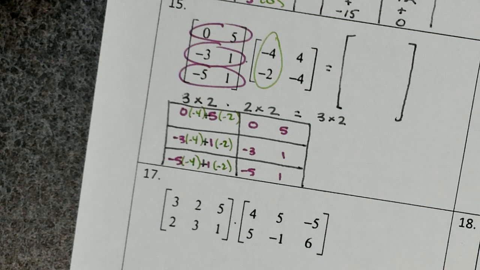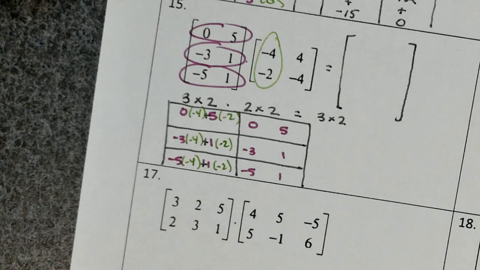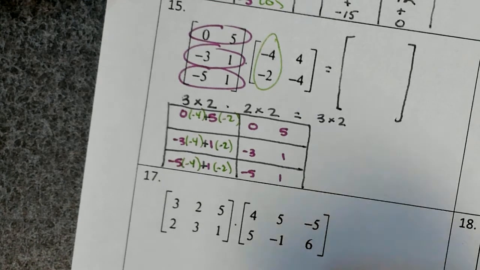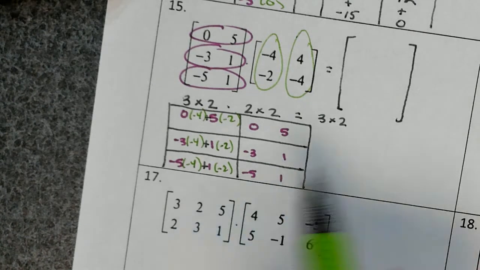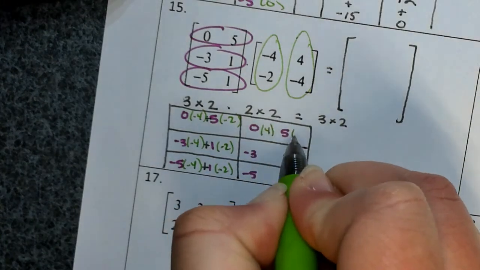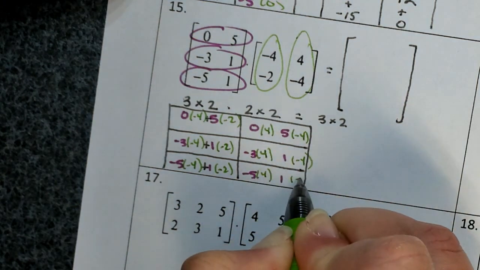How about number 15? What else do I circle in that second matrix? 4 is in the second column. So I have a 4, negative 4, 4, negative 4, 4, negative 4.